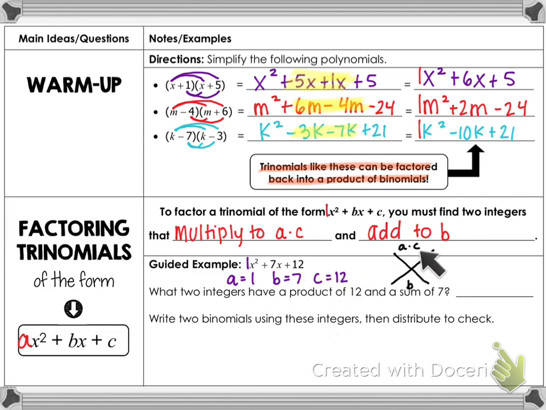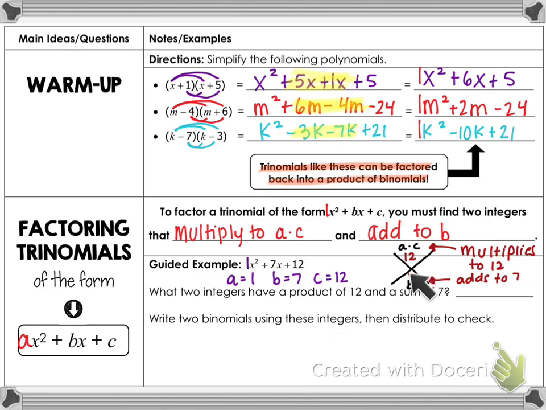1 times 12 is 12. And what's our b term? 7. So we're going to put a 7 down there. Now, what two integers multiply to the top number and add to the bottom number, 7? So it needs to multiply to 12 and add to 7. So this is what we do. We think of the factors of 12, the factors of this top number.